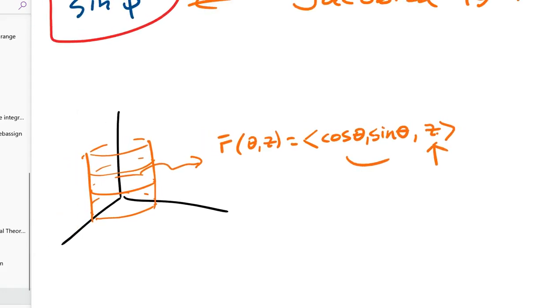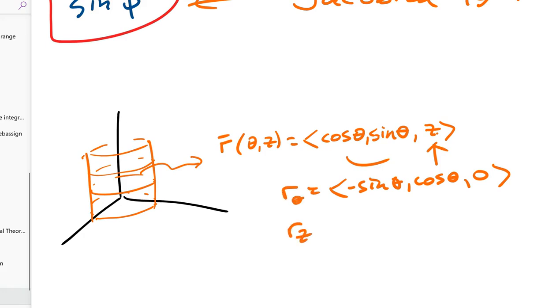Now we still have to find r sub theta cross r sub z. So you do all that: r sub theta is negative sine theta, cosine theta, 0.